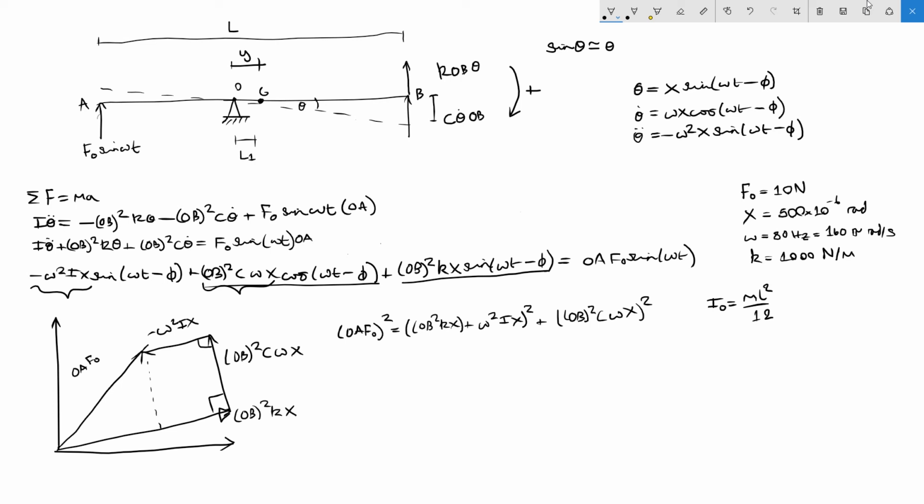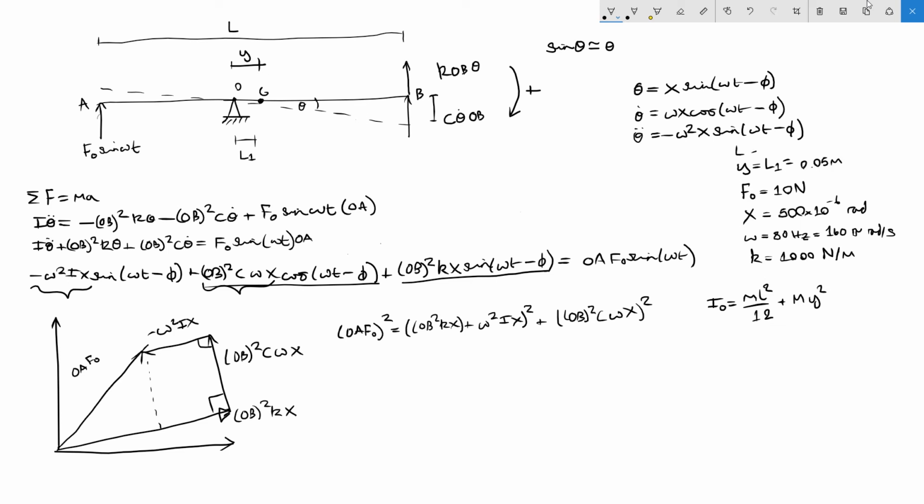Now this means that we're going to have to use the parallel axis theorem, which says that the inertia of the rod about the centre of rotation is equal to the inertia of the rod plus the mass times the distance between the centre of rotation and the centre of mass, or m y squared. Now y in this case is equal to L1, and the value of L1 that we're given in the question is equal to 0.05 meters.